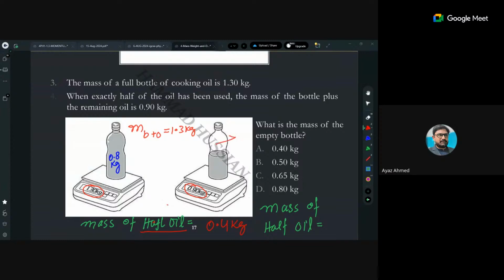Because oil is disappeared, है ना? 0.4 kg oil is half of the oil. देखो, उसने लिखा हुआ है exactly half of the oil has been used.